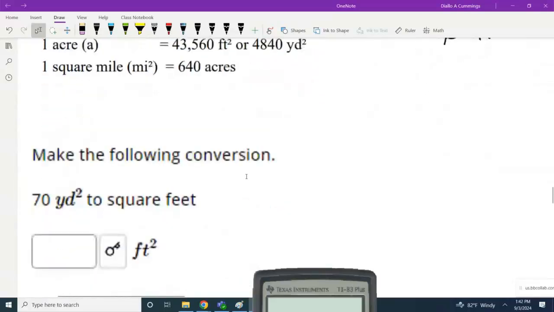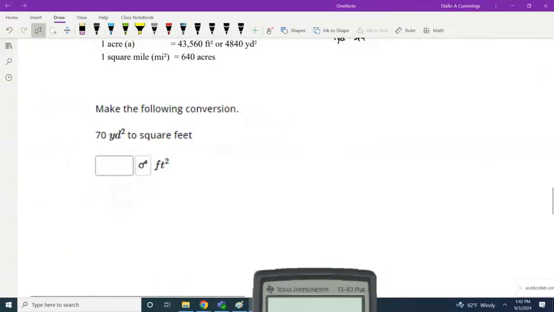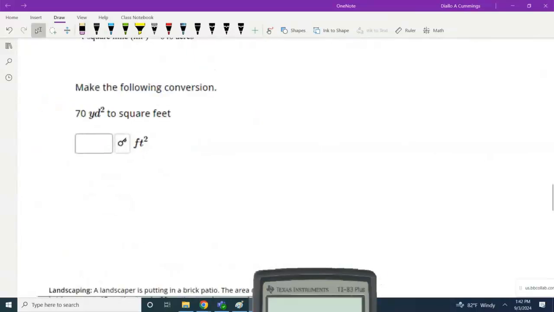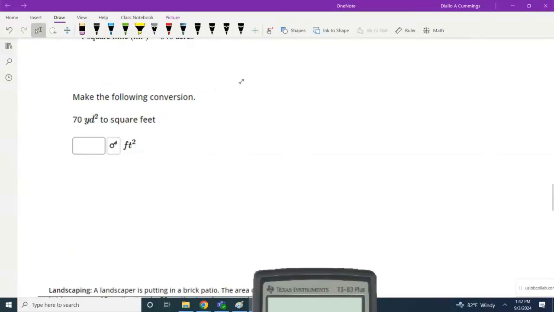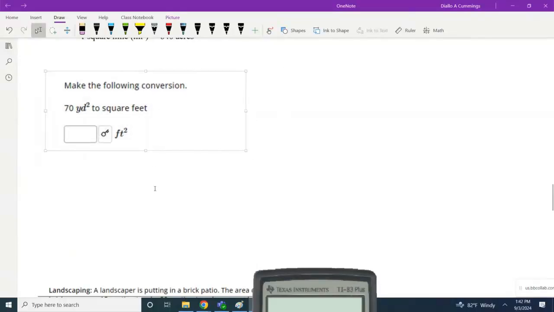All right, so we're going to use these conversions along with unit fractions to convert. And I believe this is similar to number 5.